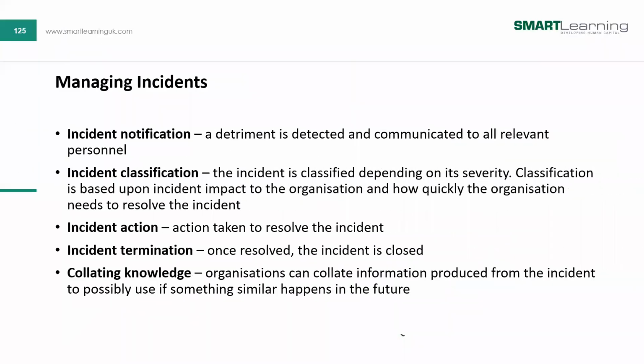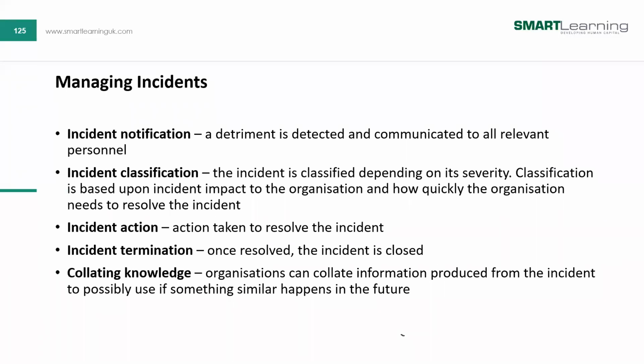So we've talked about the notification. Whoever detects it must have been trained to recognize that it's an incident and report it to a level 1 set of specialists, and those will assess and decide whether to escalate it. But the first thing to do is that notification, especially if it's been properly defined.